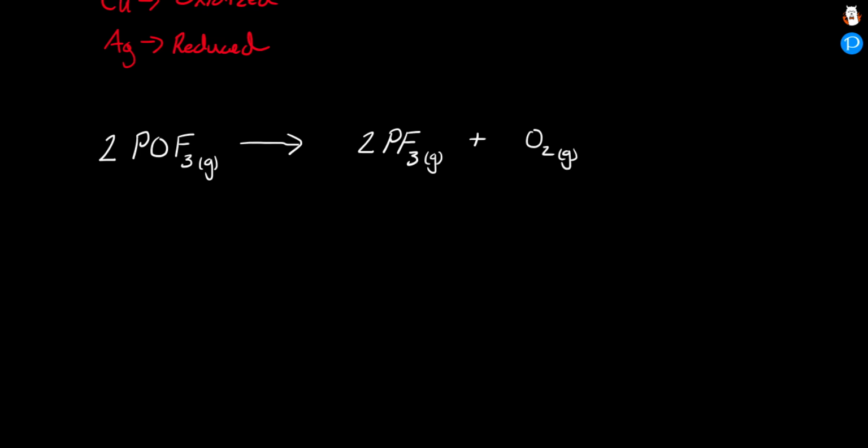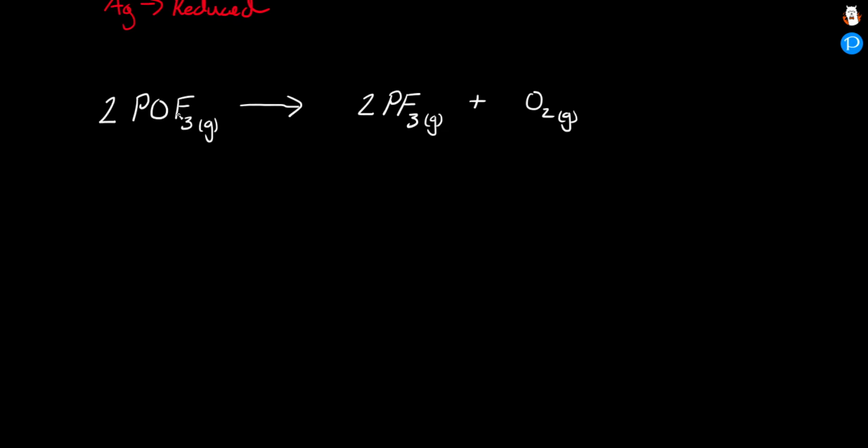Last one. POF3 is going to break down or decompose into just PF3 and oxygen gas. So in this case, remember, oxygen and fluorine are always going to be the same charge. Fluorine here, we said, is always -1. Oxygen is always -2.